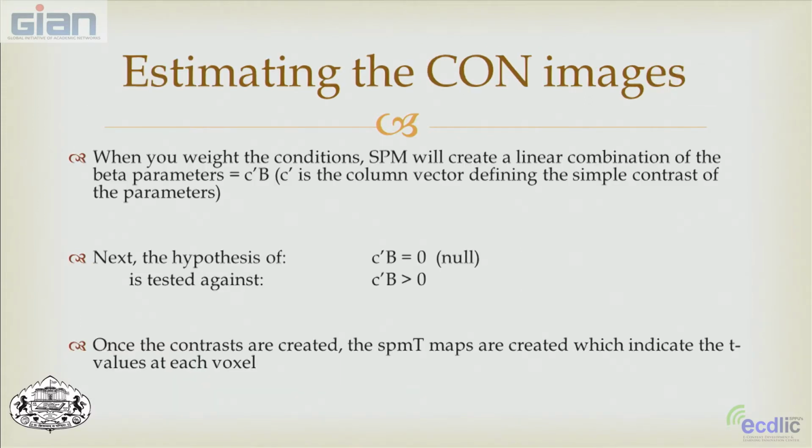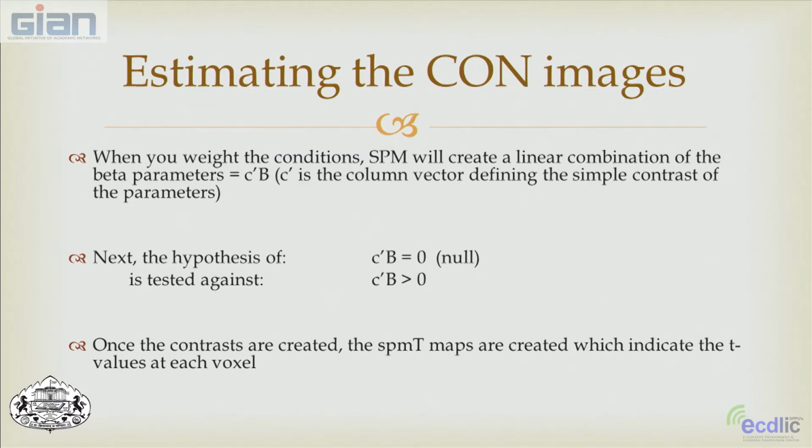So how do we estimate the contrast once we have these weights? Well, what SPM does is it creates a linear combination of the beta parameters using these weights. So C prime here is the contrast in a column now. So it's the transpose of the beta weights. And the B here is actually the betas.